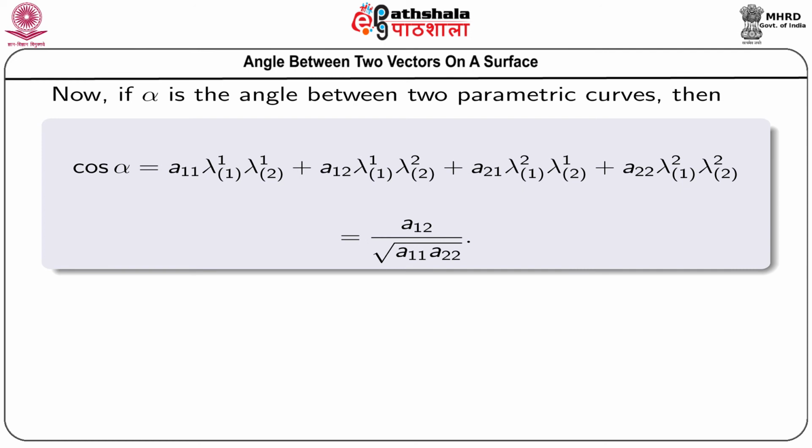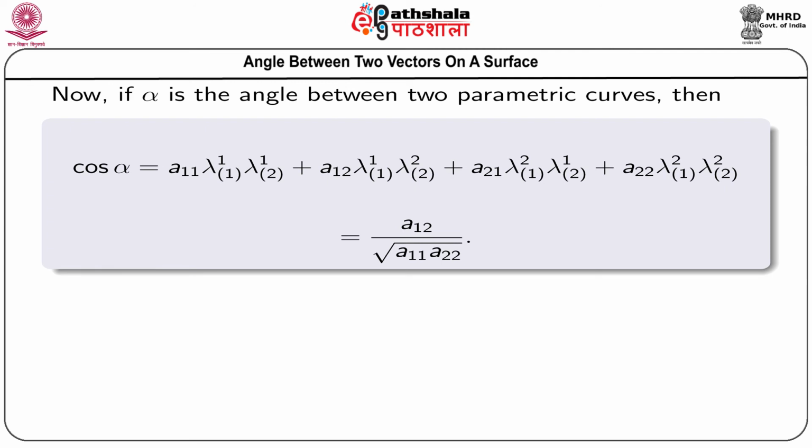And all these expressions, the first, third and fourth, are 0, only the second expression has the value, that is a12, lambda 11 is 1 by root a11 and lambda 22 is 1 by root a22. So, cos alpha is equal to a12 by root a11 a22.